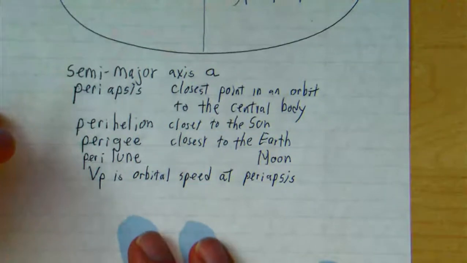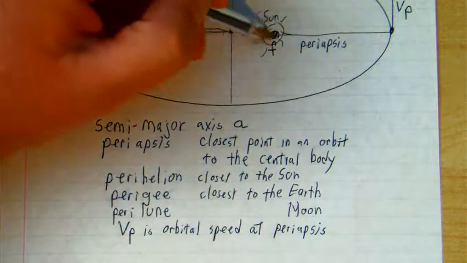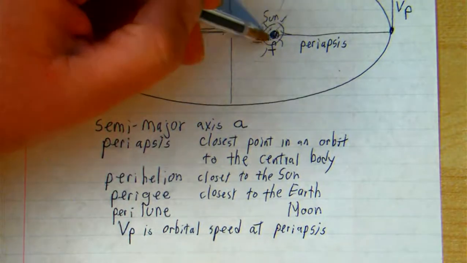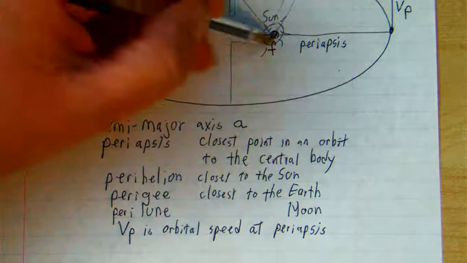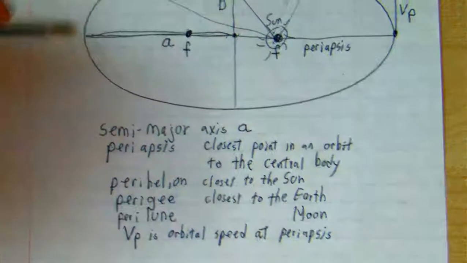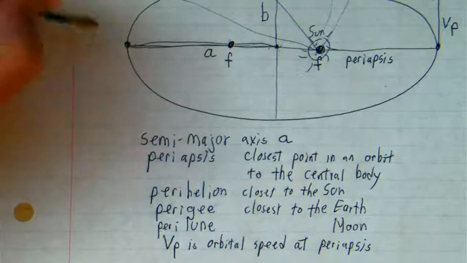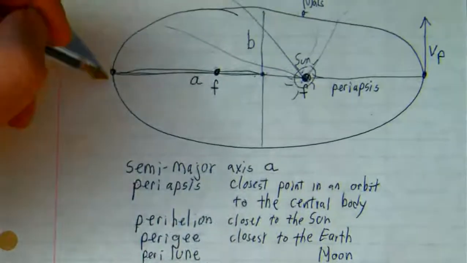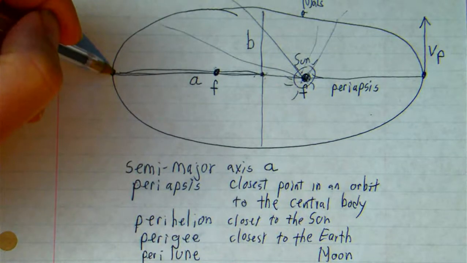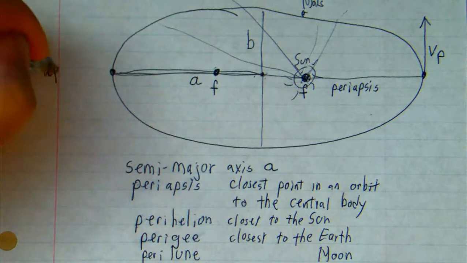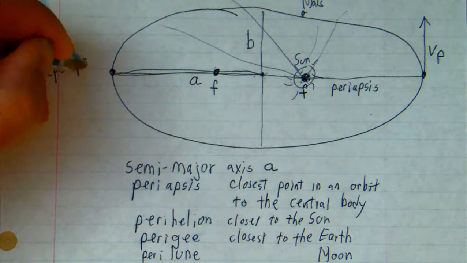What Kepler figured out is that as you go away from the central body, the distance becomes greater and greater. The maximum distance, way out here, is called apoapsis.